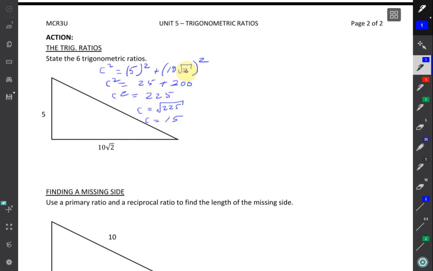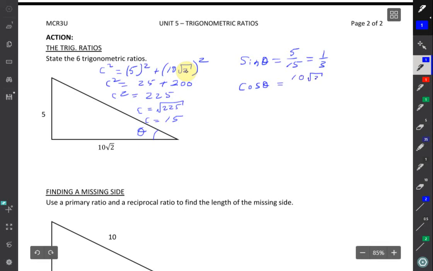Writing the 6 trig ratios, I'm going to label this angle as theta. The sine of theta, remember, this is a name for a ratio of the opposite over the hypotenuse. So the sine of theta is 5 over 15, and reduced, that would be 1/3 because 5 divides into both of them. The cos of theta would be the adjacent over the hypotenuse, which is 10 root 2 all over 15.